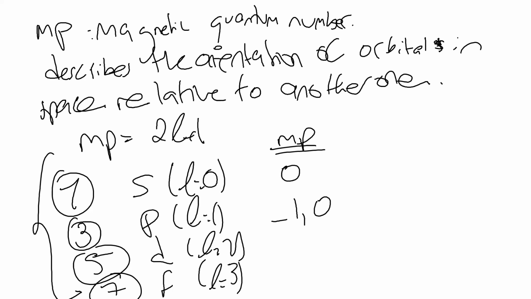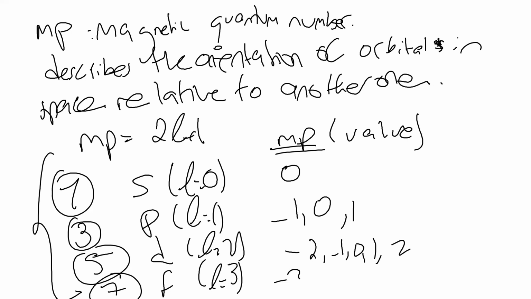Here we're going to speak about the values. So for s, 0. For p, minus 1, 0, and 1. For d, minus 2, minus 1, 0, 1, 2. And for f, minus 3, minus 2, minus 1, 0, 1, 2, 3. Okay.